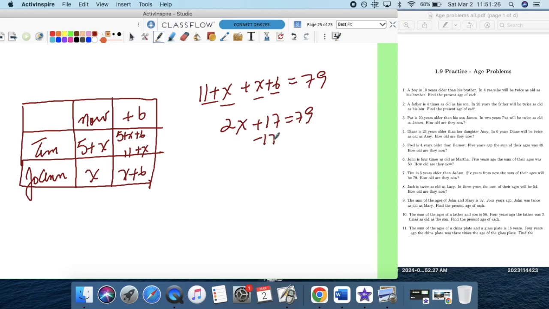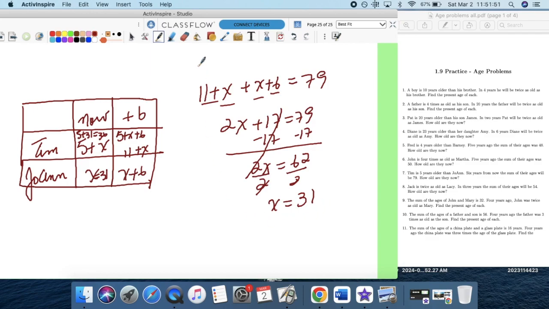Let's subtract 17 from both sides. We get 2x equals, what is this? 79 minus 17 is 62. Divide both sides by 2. That simplifies to 1x, which is 31. So Joanne is 31, which makes Tim 5 plus 31, which equals 36.